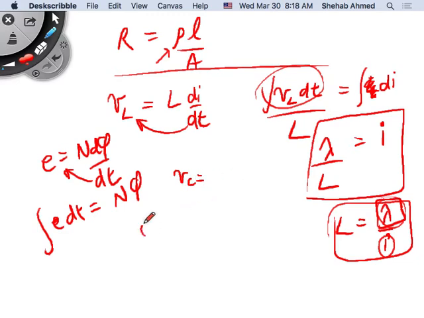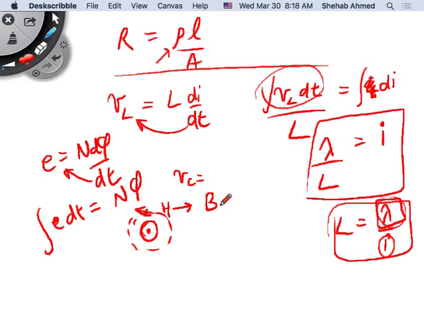So if you have a conductor here, it will have flux around it. Let's say this current is coming in, so the magnetic field is in this direction, right? This magnetic field intensity, H, has a corresponding flux density.